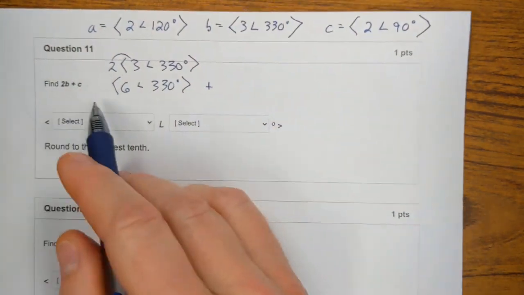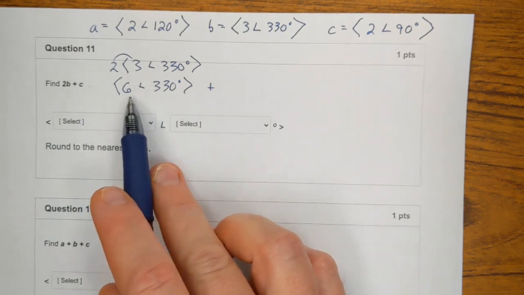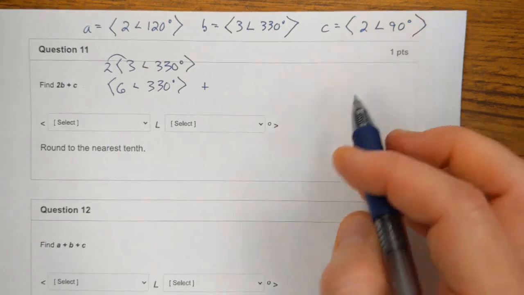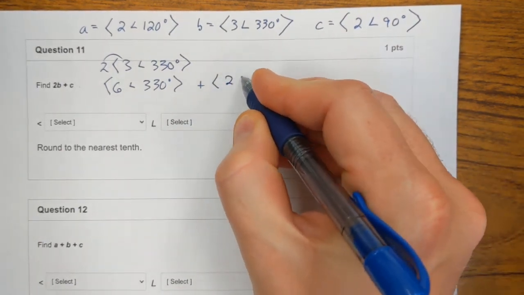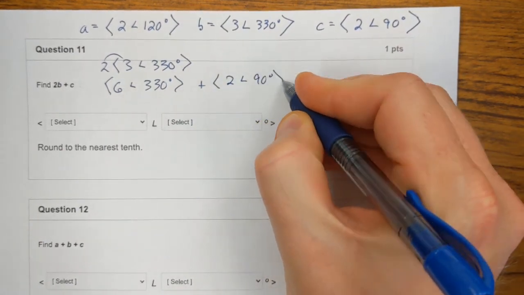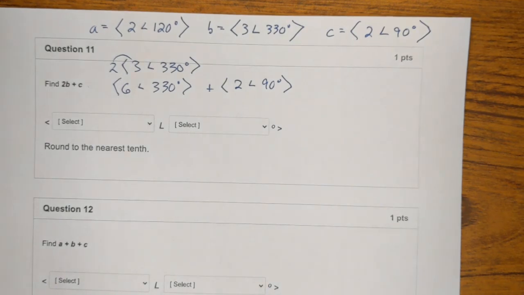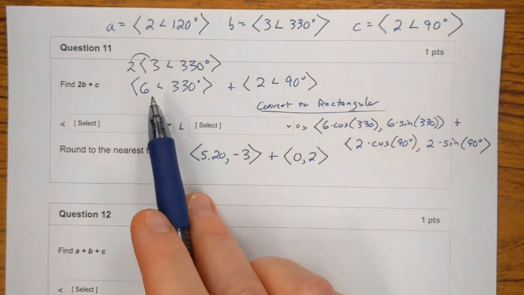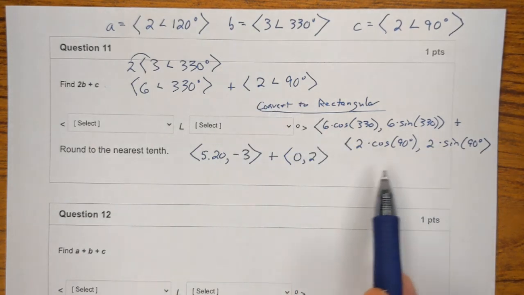So ultimately, 2b plus c, we're going to take the coordinates of 6 and 330 degrees, plus c, which is 2 and 90 degrees. Okay, and we're going to add these together. I'll give you one more little hint. I'll do the conversion for you. Let's convert this to rectangular. And here we go. I think the conversion from polar to rectangular really isn't that hard.